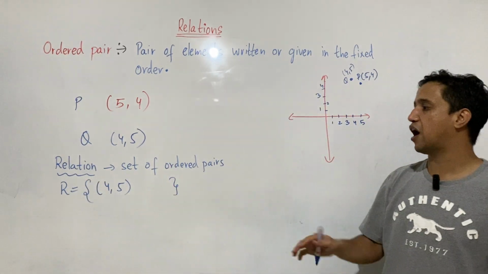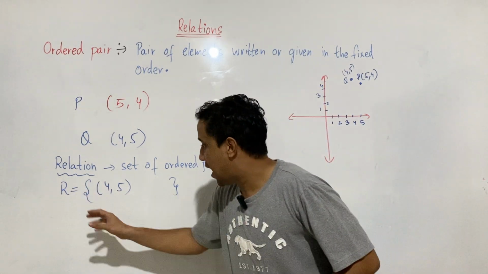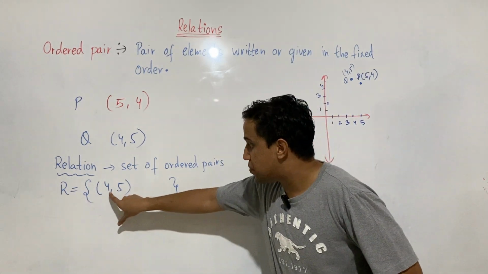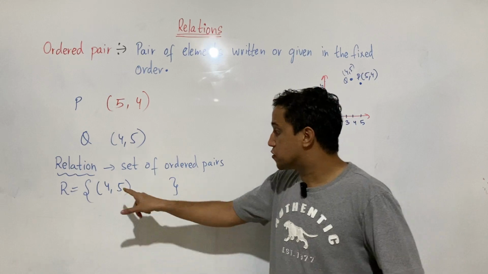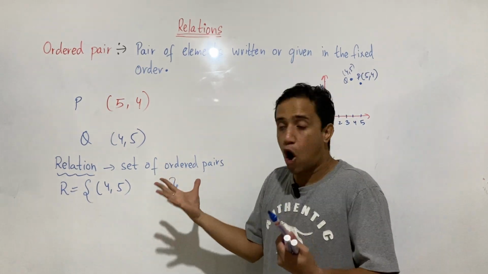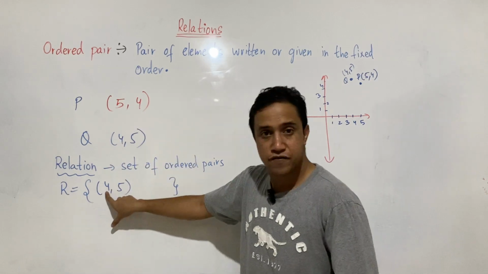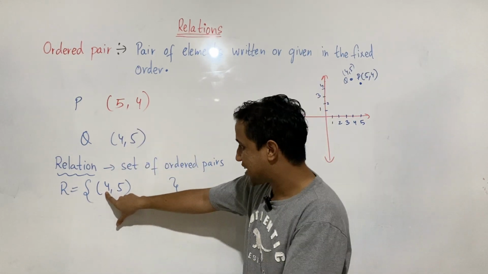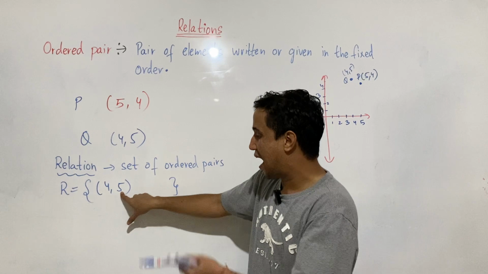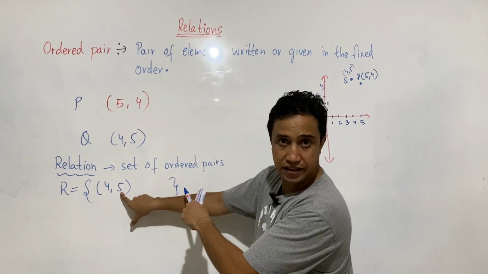What does it mean? Here the order is very important, because the ordered pair 4, 5 means that element 4 from the first set is related to element 5 of the second set.